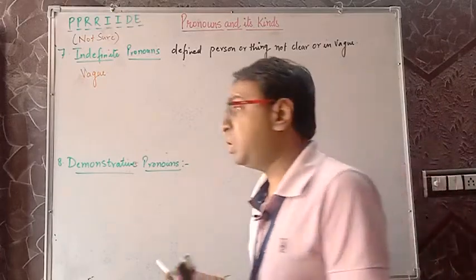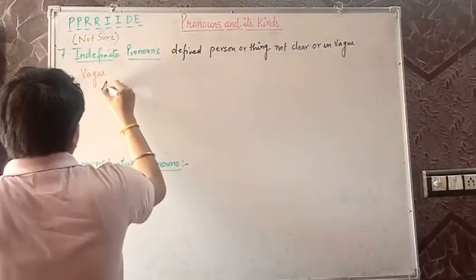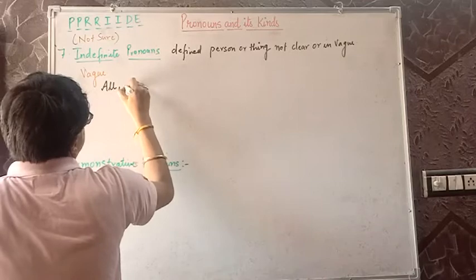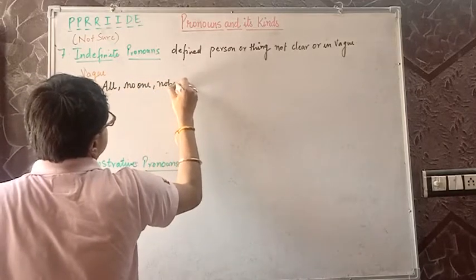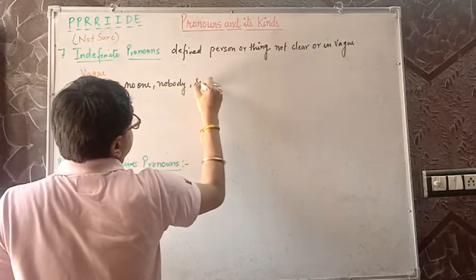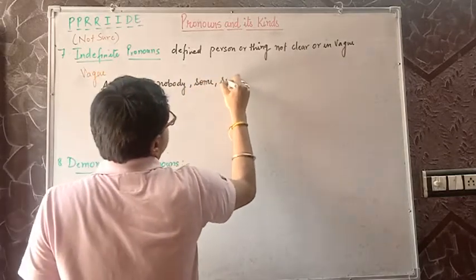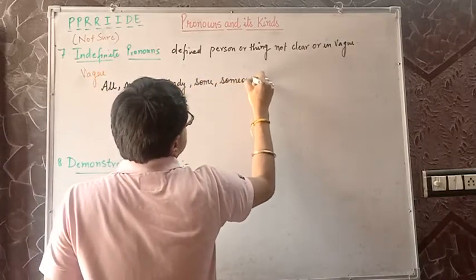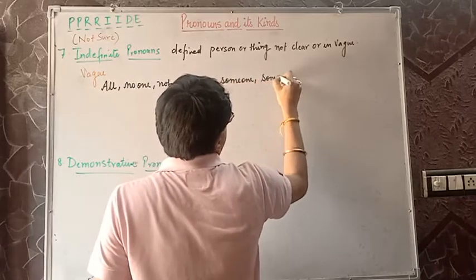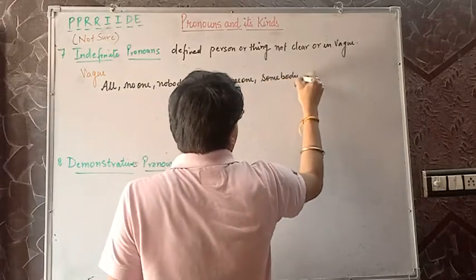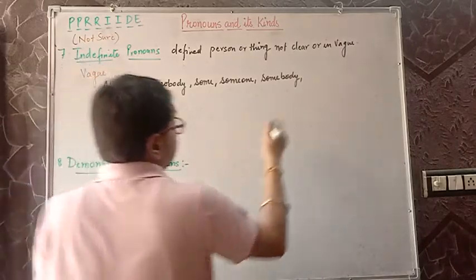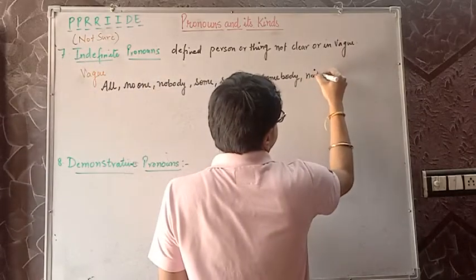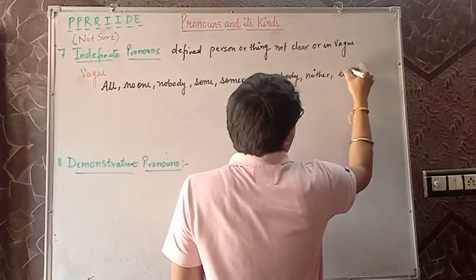For example, all, no one, nobody, some, someone, somebody, all, none, neither, either.